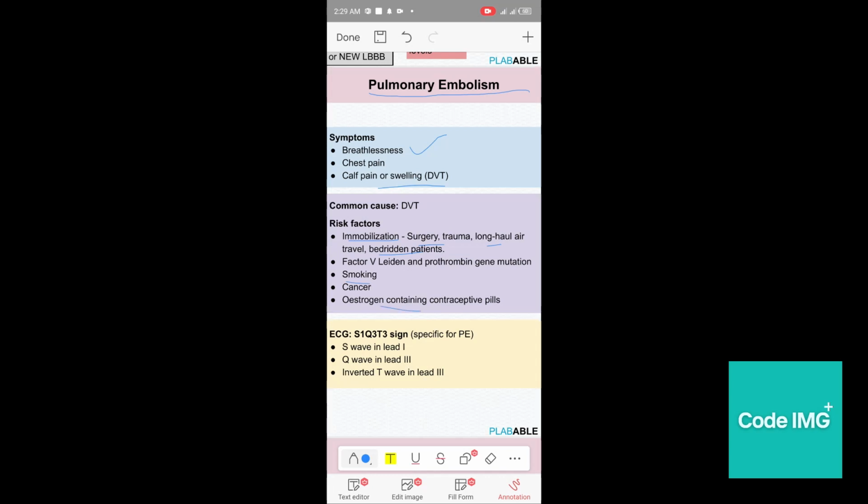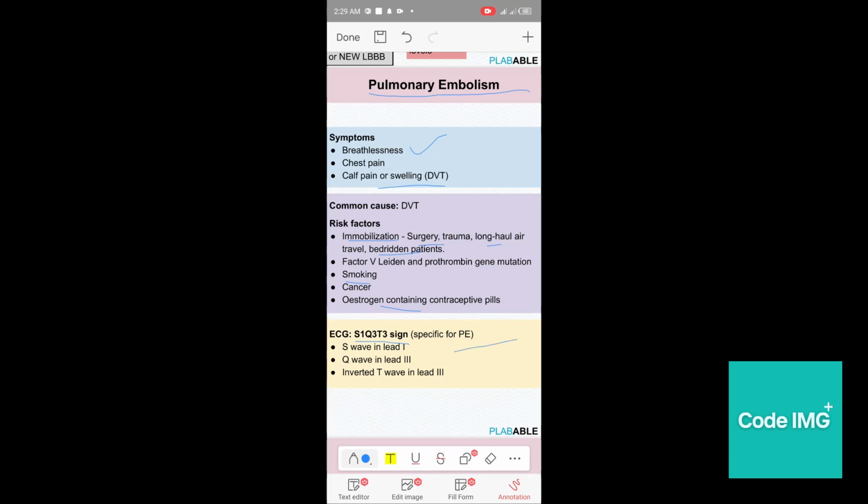So the patient will be breathless, and you need to look at these risk factors and calculate the 2-level PE Wells score. What are you going to find on the ECG? The most common finding, this is important. The most common finding in the ECG is what? Is it S1Q3T3? No, it's not. It is sinus tachycardia.